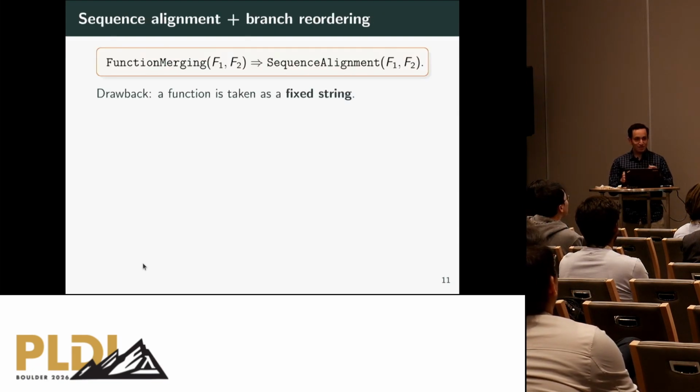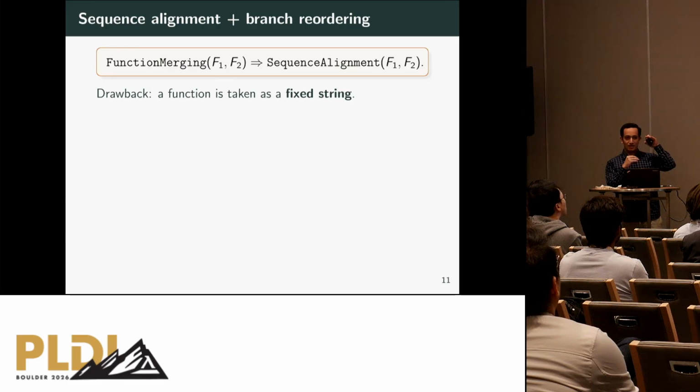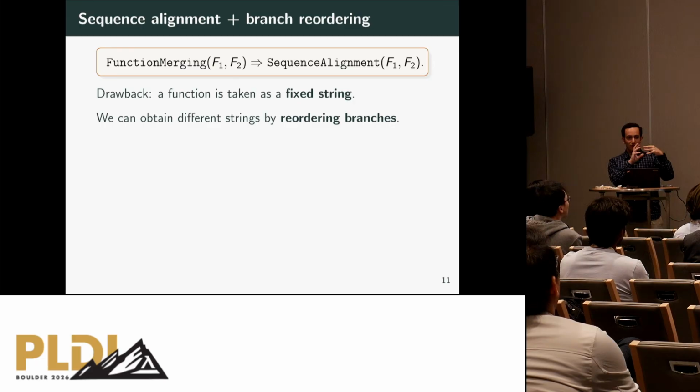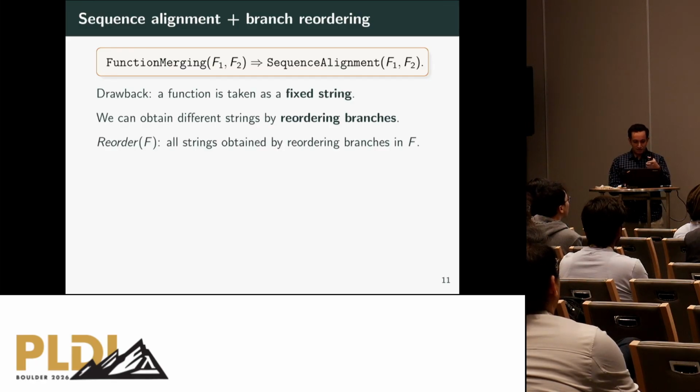Okay, so this is a great approach, very successful, but it has a drawback in that it sees every function as a single fixed string. Whereas in reality, you can obtain different equivalent strings for the same function by reordering some of the branches. So define this set, reorder of f, to be the set of all strings that we can get by reordering branches in f.